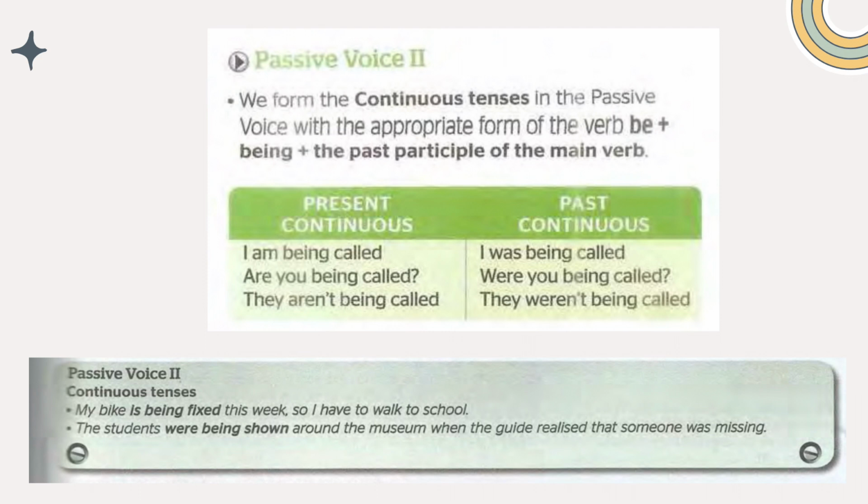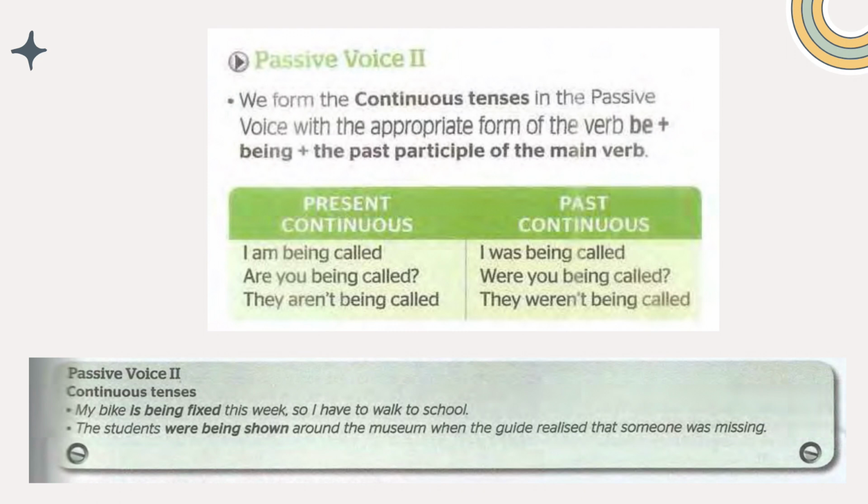Second, passive voice continuous tenses. Look down here. Number 1: My bike is being fixed this week, so I have to walk to school. Number 2: The students were being shown around the museum when the guide realized that someone was missing. Okay, students, don't get confused.